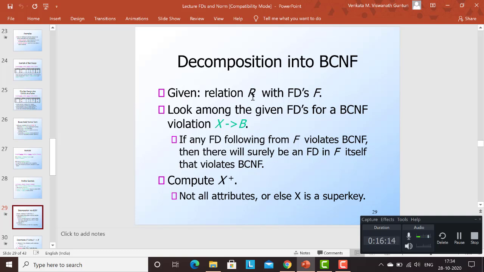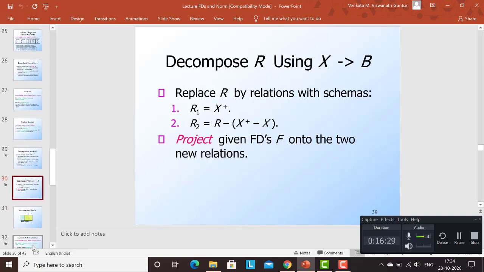Now, once you have that, what will you do? You will compute the attribute closure of X. So you compute X plus, which is the attribute closure of X, and then you replace your original mother relation R with two schemas. One being R1, which is basically the list of all attributes which are there in your X plus.